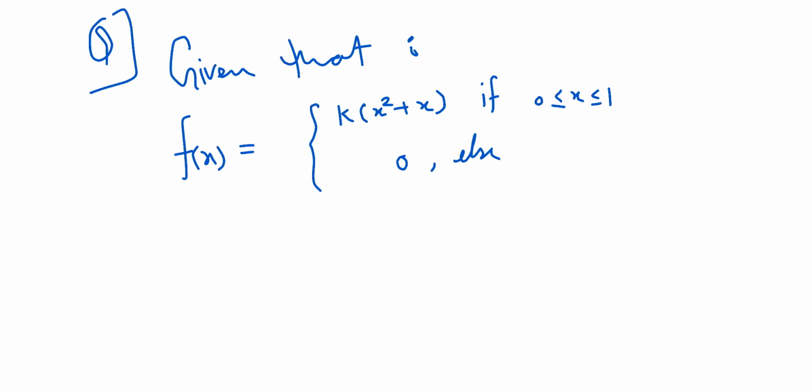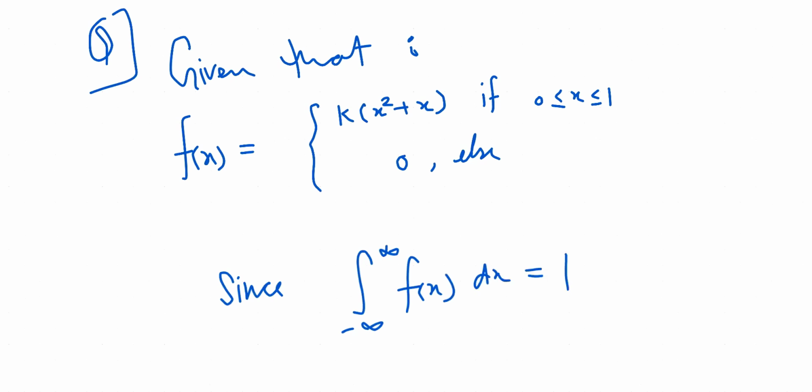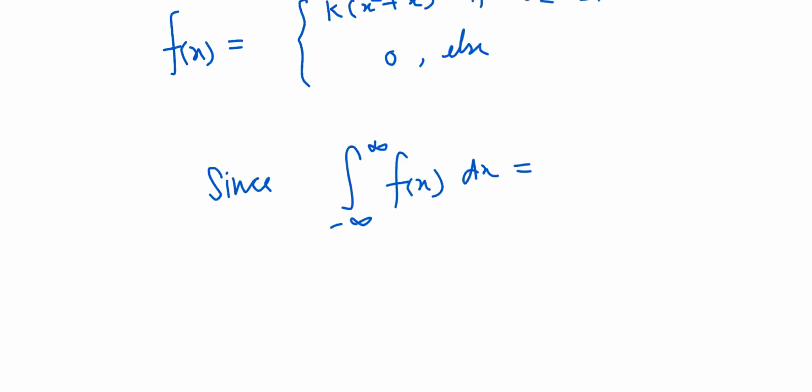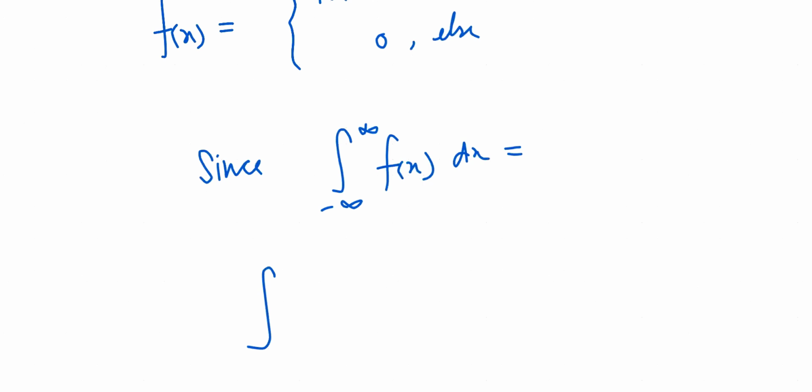In the solution, since the integral from minus infinity to infinity of f(x) dx is equal to 1, it means whatever limit we have between these two. So here we have the limit 0 to 1 in the question. The integral of f(x) dx is equal to 1.